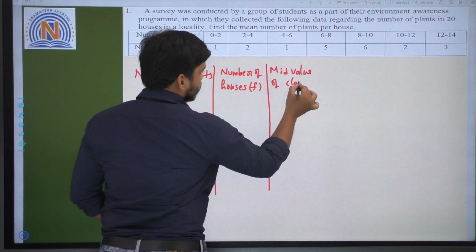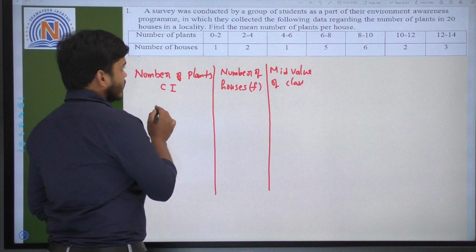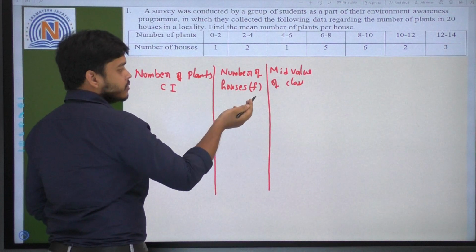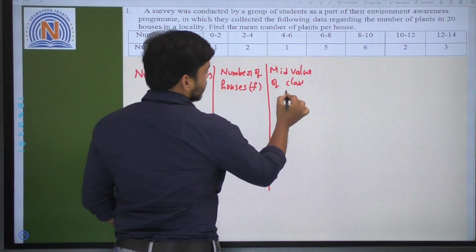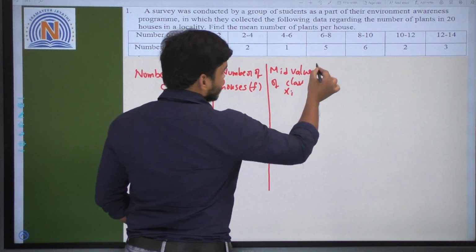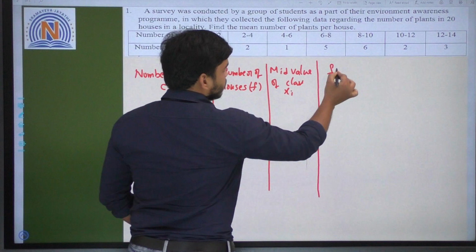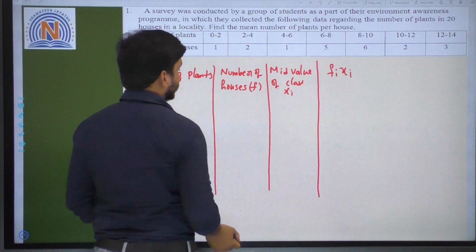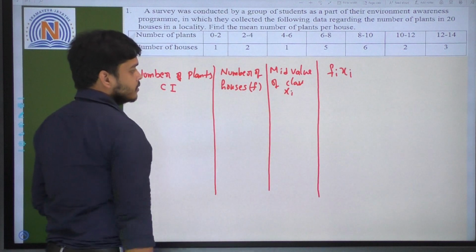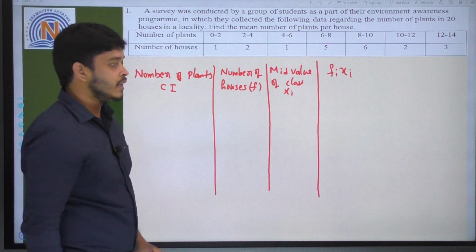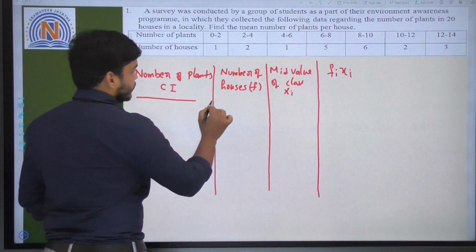We know that the mid value is upper limit plus lower limit by 2, that is xi, the class mark, and the last column is fi into xi, where we multiply frequency into mid class value, right?